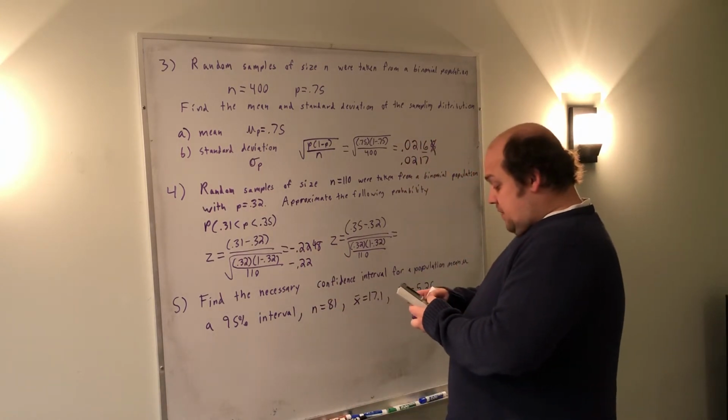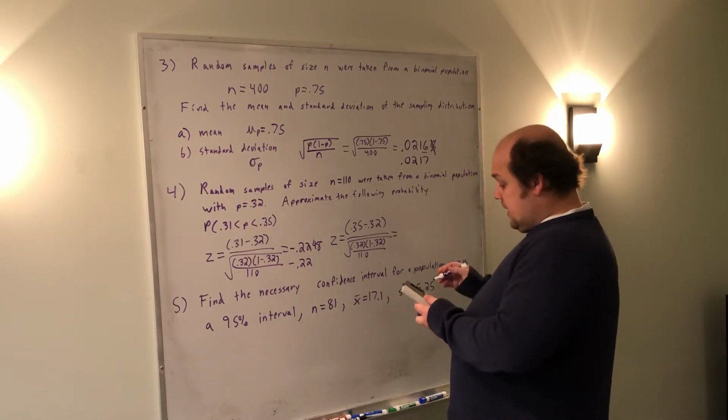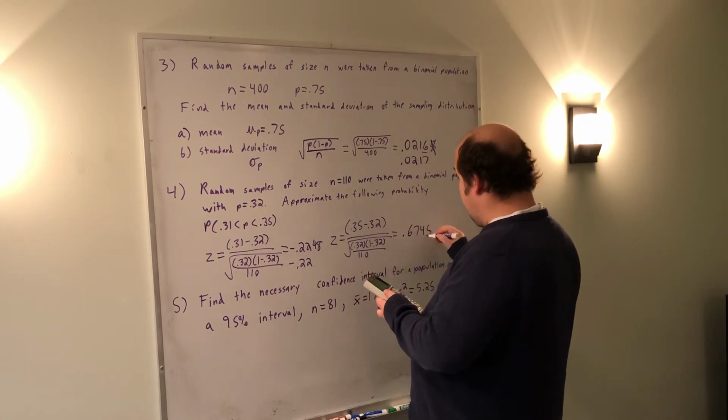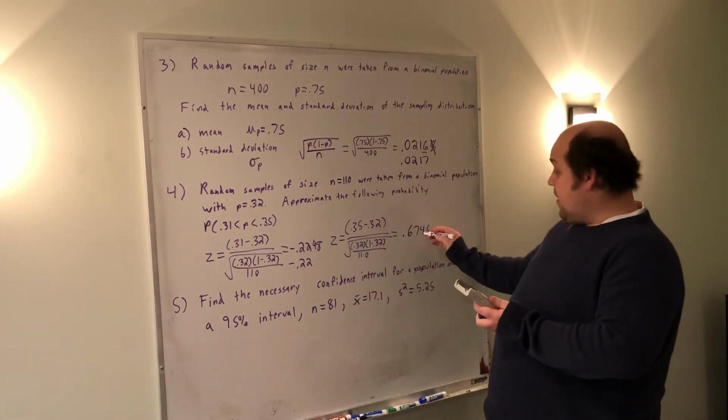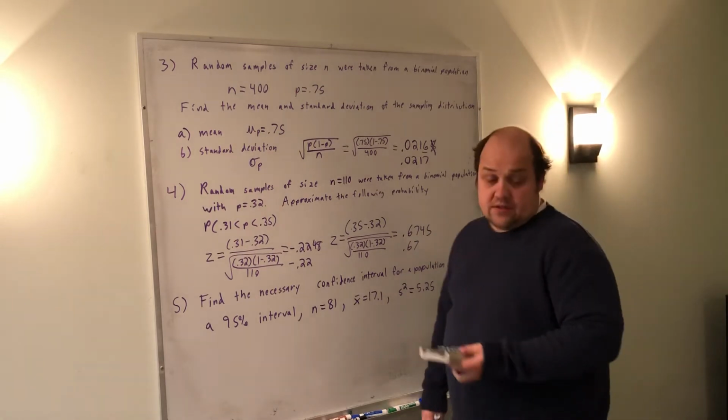When I try the same thing for 0.35, after putting it in my calculator, I get a z-score of 0.6745. Again, I'm going to round down because this 4 is less than 5, so I'm just going to look up 0.67.